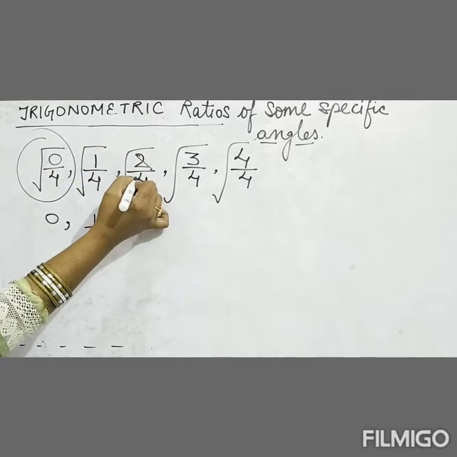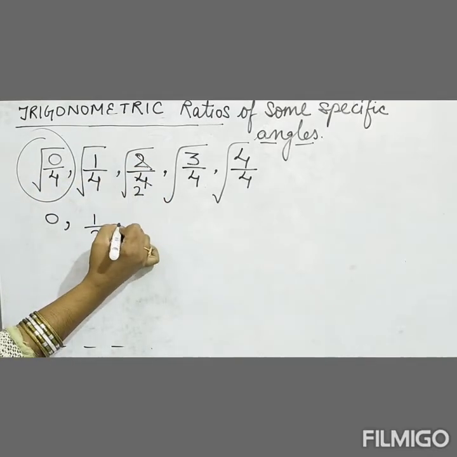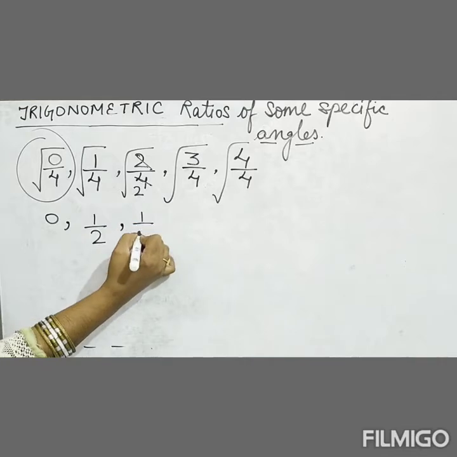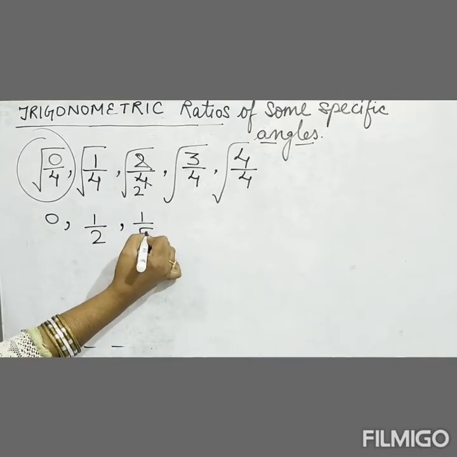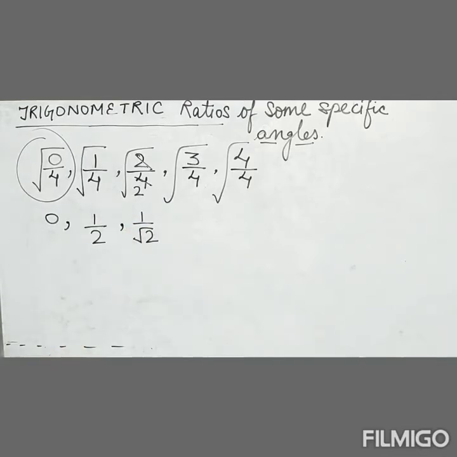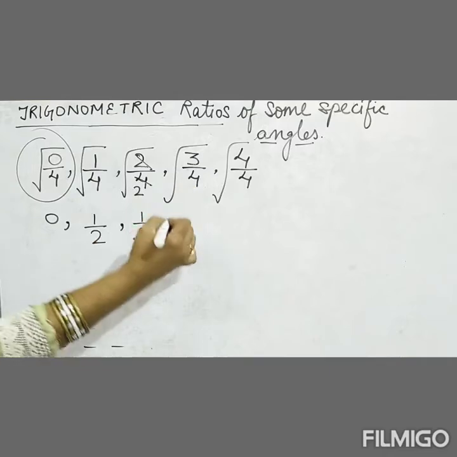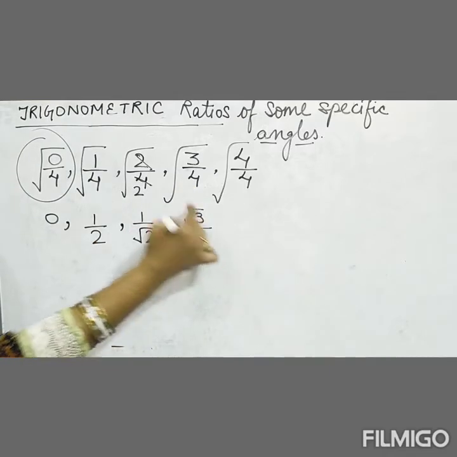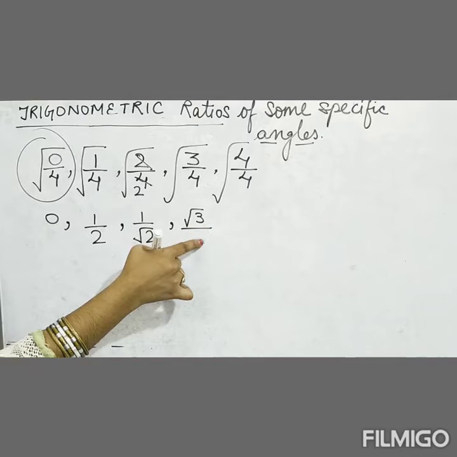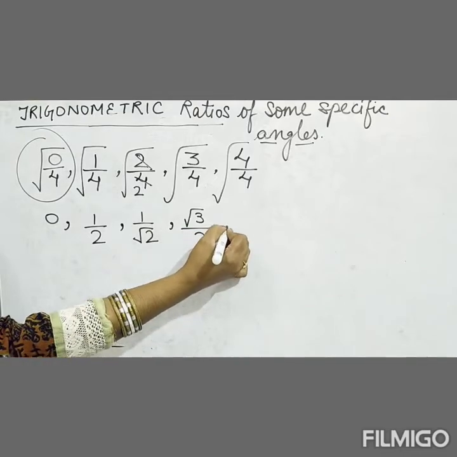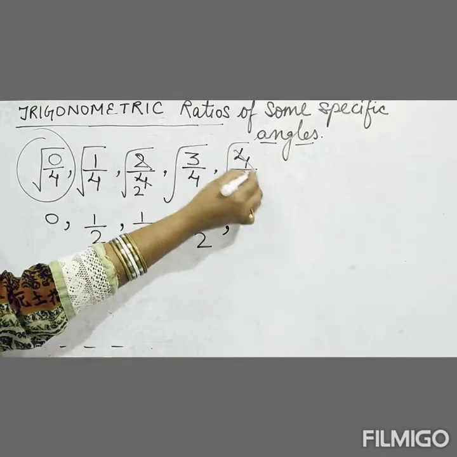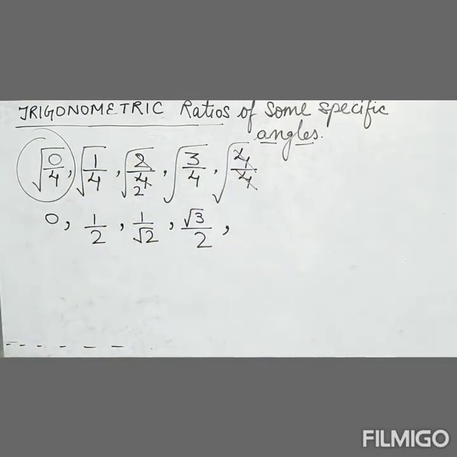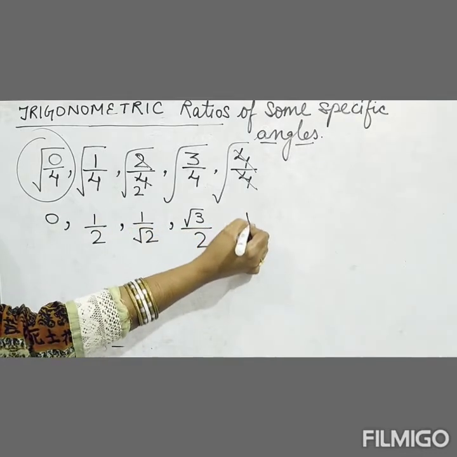This will cancel out and the answer you'll get from here is 1 by root 2. And this one will give you root 3 by root 4, which is 2. And the last one is very easy. 4 ones are 4, this will cancel out, and root 1 again is 1.